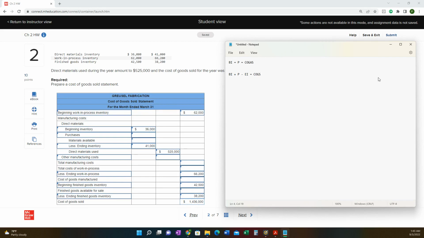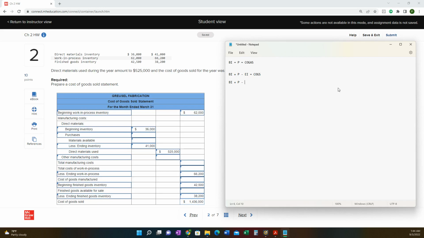Remember that in an equation with 4 numbers like this, as long as we know 3 of the numbers, we should be able to figure out the 4th one. We can also rearrange the variables in the equation. So another version of the equation could be beginning inventory plus purchases minus cost of goods sold equals ending inventory.